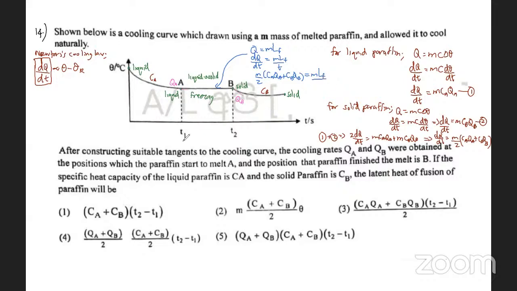Instead of time taken, you have to put this time, the T I have marked. So what is that T? You have to put T2 minus T1. So M and M are gone. What is the final answer? I think it is similar to the third one. I'm getting the third answer.